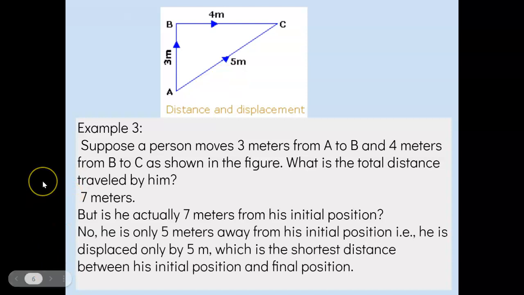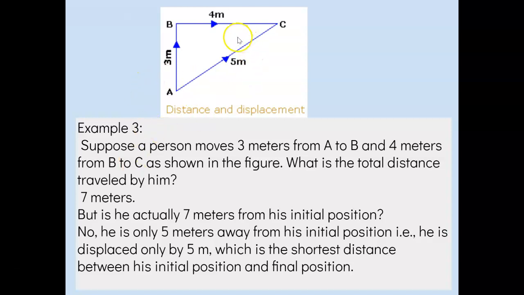Okay. And this is the shortest distance between his initial position and final position. So your displacement is the shortest path between where you started and where you ended up. Also, this is going to be a vector quantity, so it would need a direction associated with it.